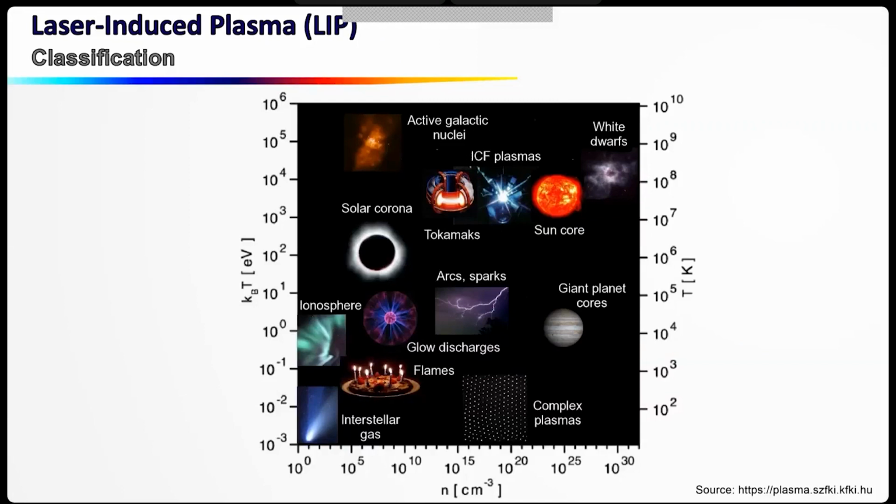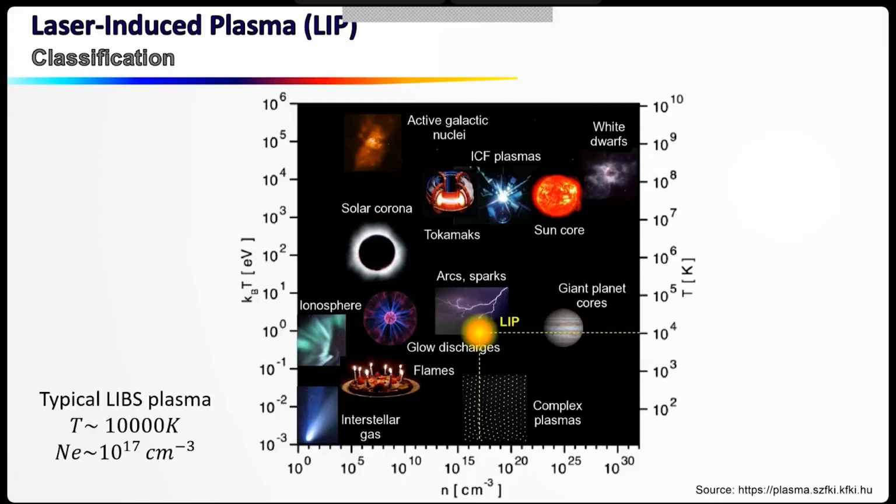And the laser-induced plasmas, the plasmas that are interesting for us, are very similar to a spark. So we will work in general with temperatures in the range of 10,000 Kelvin and electron density in the range of 10 to the power 17 per cubic centimeter, just to give you the order of magnitude. So it's quite similar to sparks.